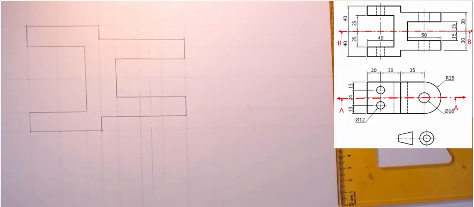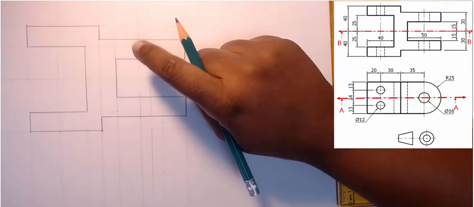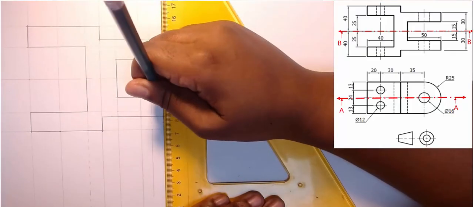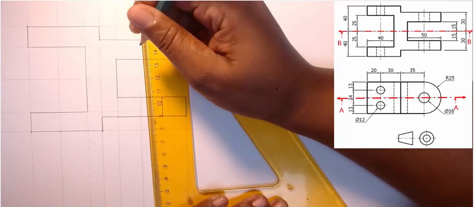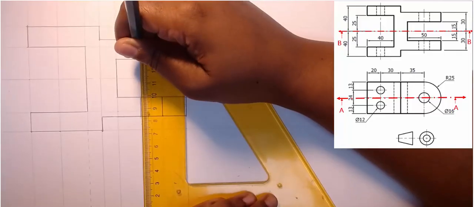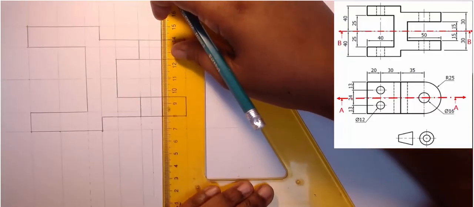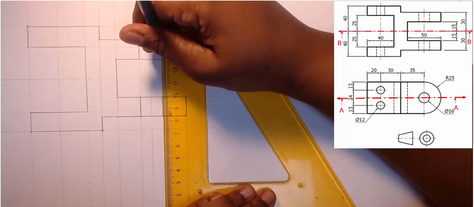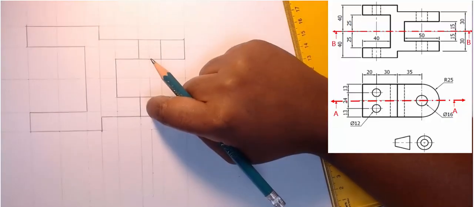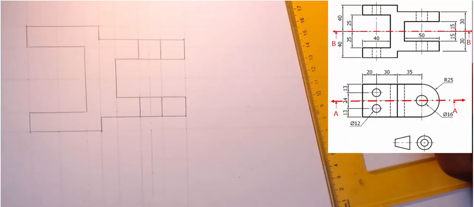Right. Now, because it's affected, that means we are not going to section this part. So I'm going to darken it, that and that. Now, everywhere else is going to be sectioned except this part and that part.